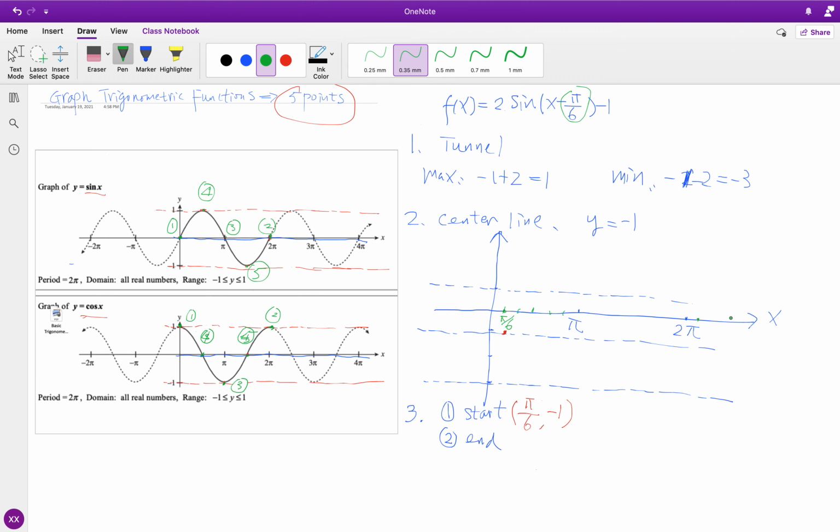So my end point for my x value would be 2 pi plus pi over 6. That is 13 over 6 pi. So my end point here is 13 over 6 pi, comma, same -1. So now I got this point right on my center line.